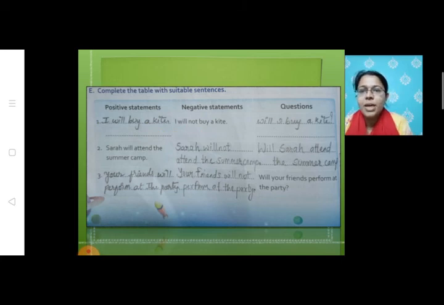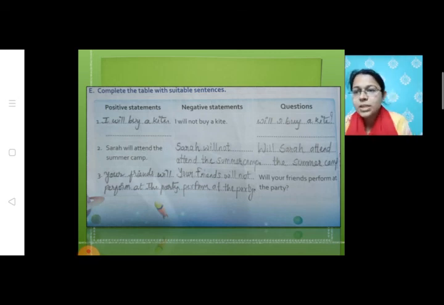And when we are making a question, we would be writing the word will first and then the subject, that is I, and then the base form of the verb, that is buy. Will I buy a kite? So students, please write down the positive form and the question form of this sentence in your textbook.